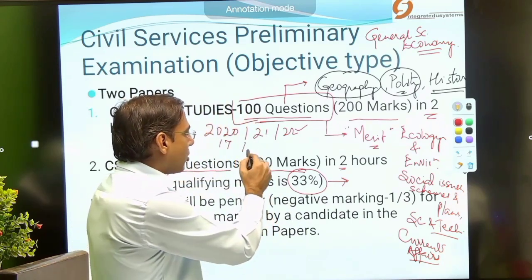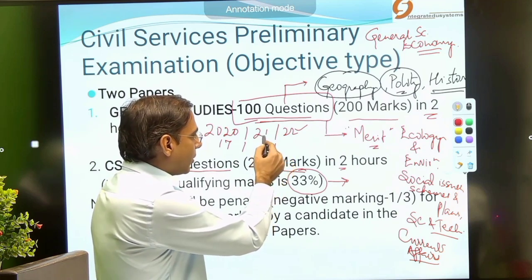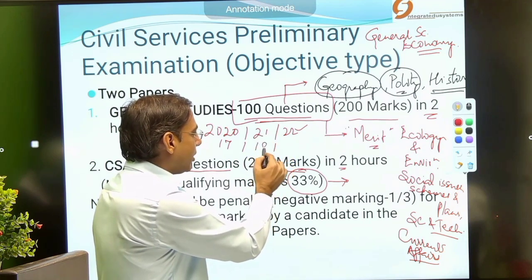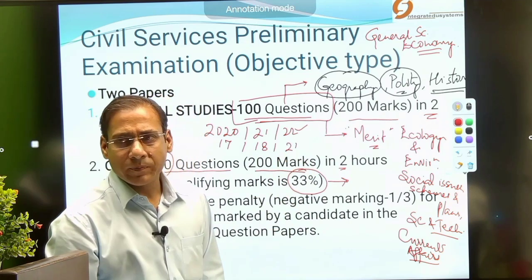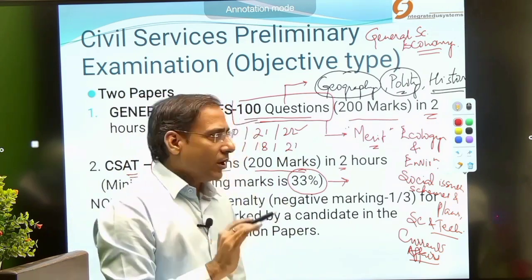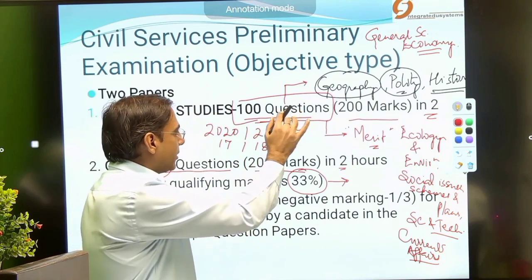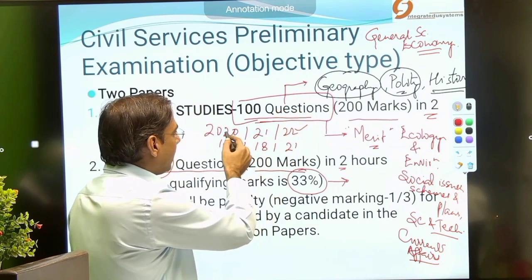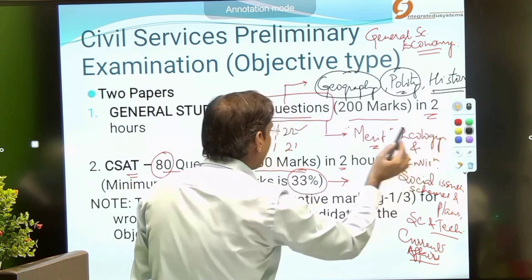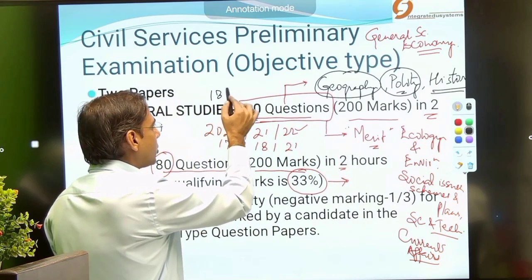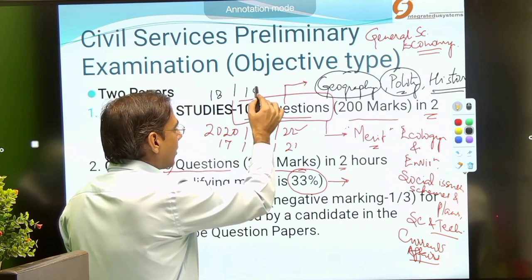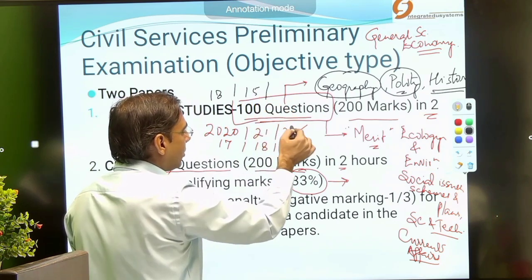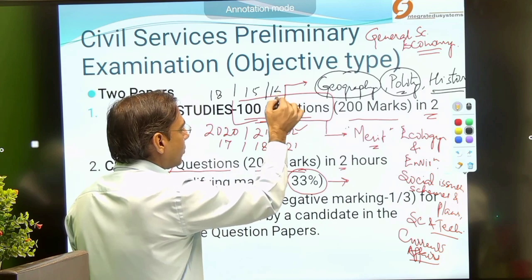When you look at the polity questions of 2021, I found around 80 questions, and in 2022 almost around 21 questions came. Now in geography, I observed 18 questions in 2020, but in 2021, with some fluctuation, around 15 questions, and in 2022 almost around 14 questions appeared.